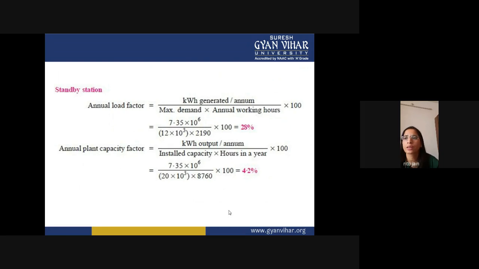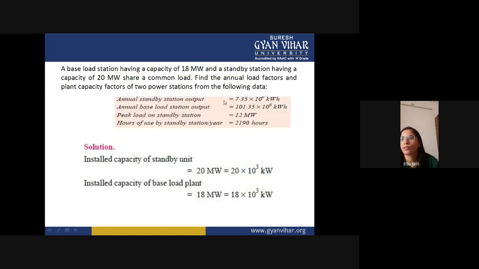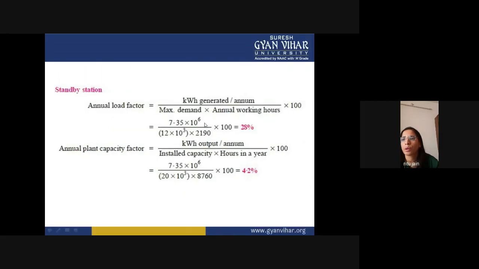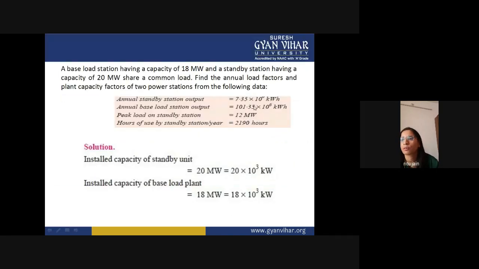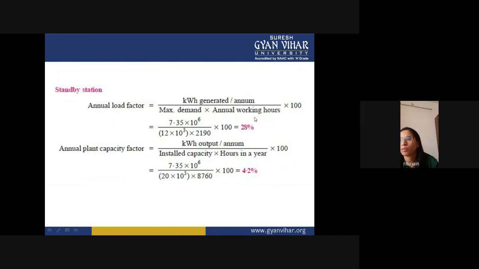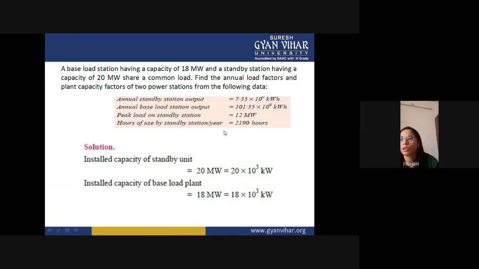The kilowatt hours generated from the standby is given as 7.35 into 10 to the power 6, divided by its maximum demand, which is the 12 megawatt peak load, and annual working hours is 2190, because this standby is used only for 2190 hours in a year.